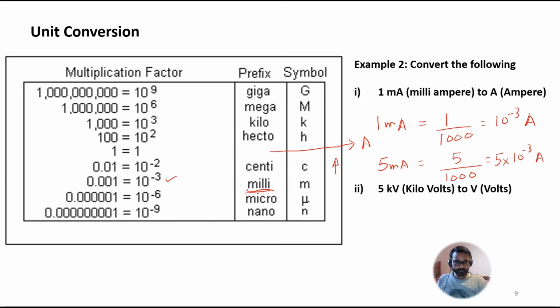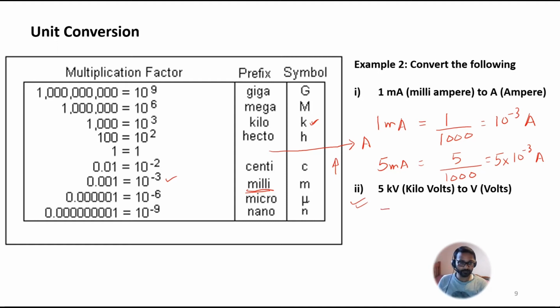Now, similarly, in the second part, we have to convert 5 kilovolts, kilo is here, to volts. Now these are kilo, hecto, mega, giga, centi, milli. These are the prefixes. You could have kilovolt or kilo ohms, right? Or even kiloamperes.